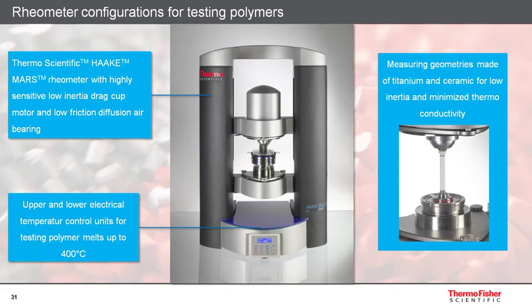The upper and lower electrical temperature control units allow for testing polymer melts up to temperatures of 400 degrees C. All measuring geometries include an upper rotor made of titanium and a ceramic material. The lower part, made of titanium, minimizes inertia effects, and the ceramic shaft reduces thermal conductivity and enables fast temperature setting of the sample.